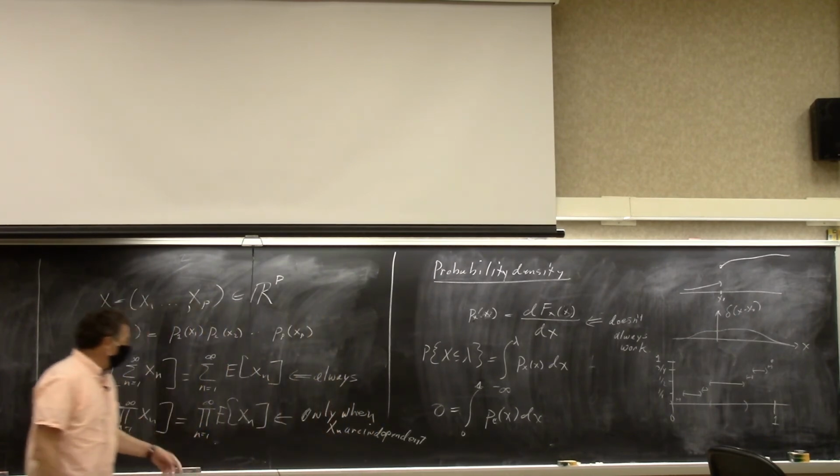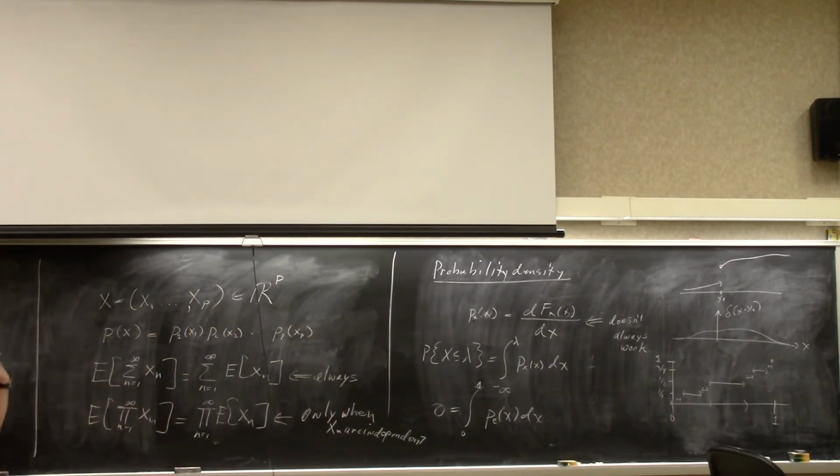So you can exchange the product and the expectation only when the random variables are independent. But you can always exchange the expectation and the sum. Okay? Everybody's good with that?